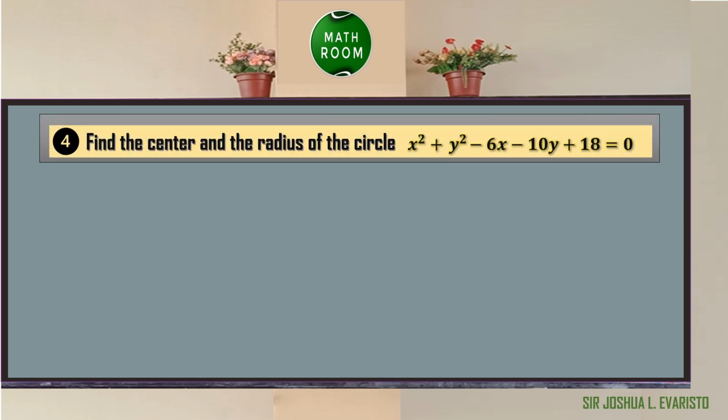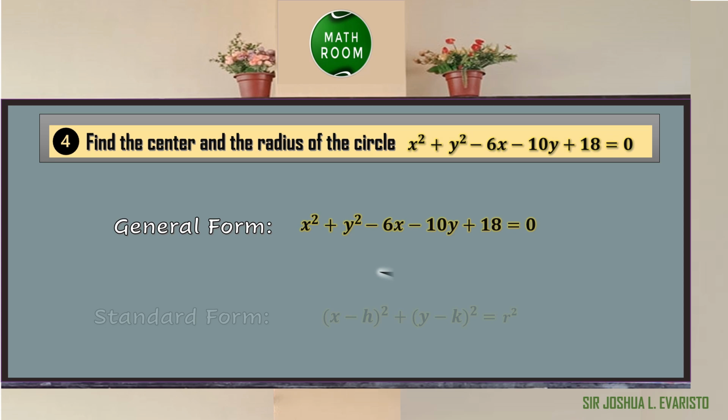Last number, number 4. Find the center and the radius of the circle x squared plus y squared minus 6x minus 10y plus 18 is equal to 0. This is written in general form. To find the center and the radius, we must transform this to standard form.